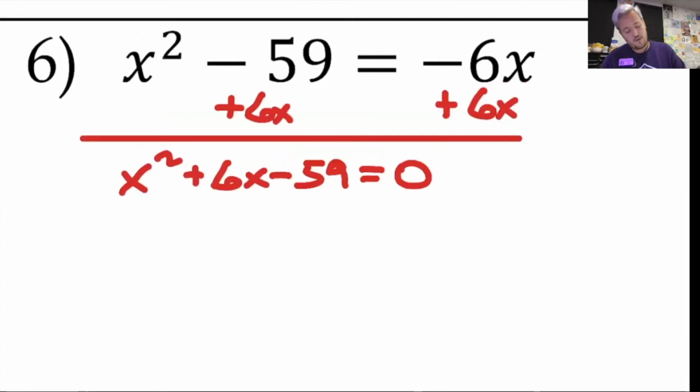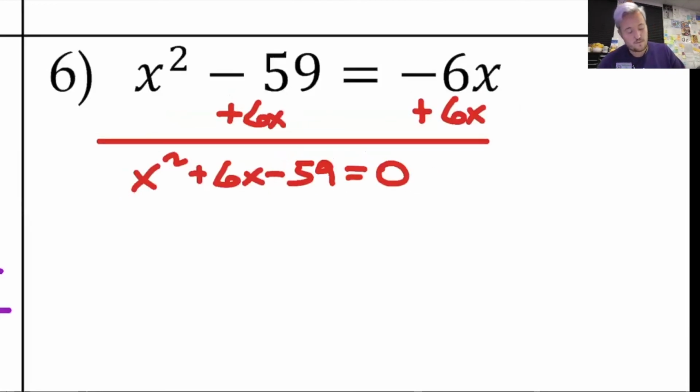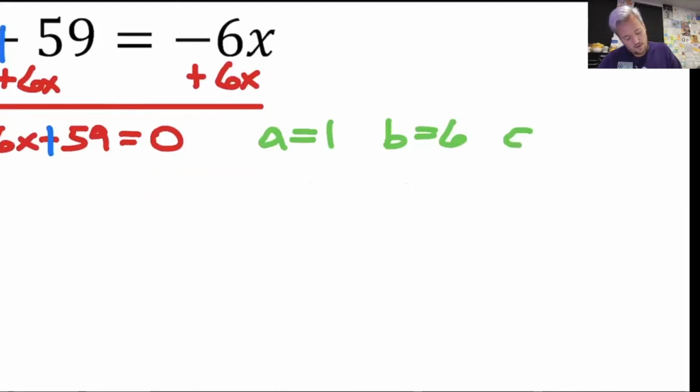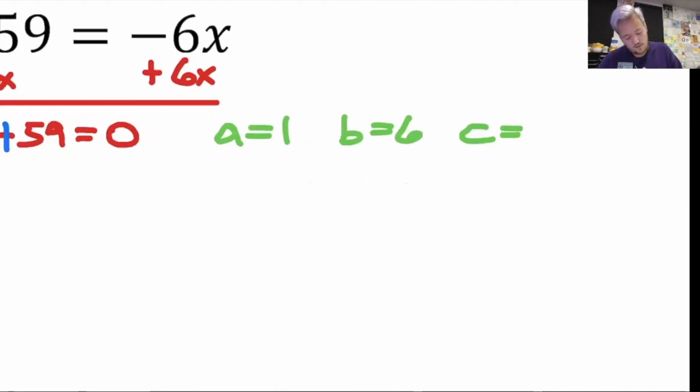So instead of this being, my apologies, instead of this being minus 59, this needs to be plus 59. So I'm going to make that quick change. Then I'm going to solve this problem. All right, so we have an a value of 1, b value of 6, and a c value of positive 59.